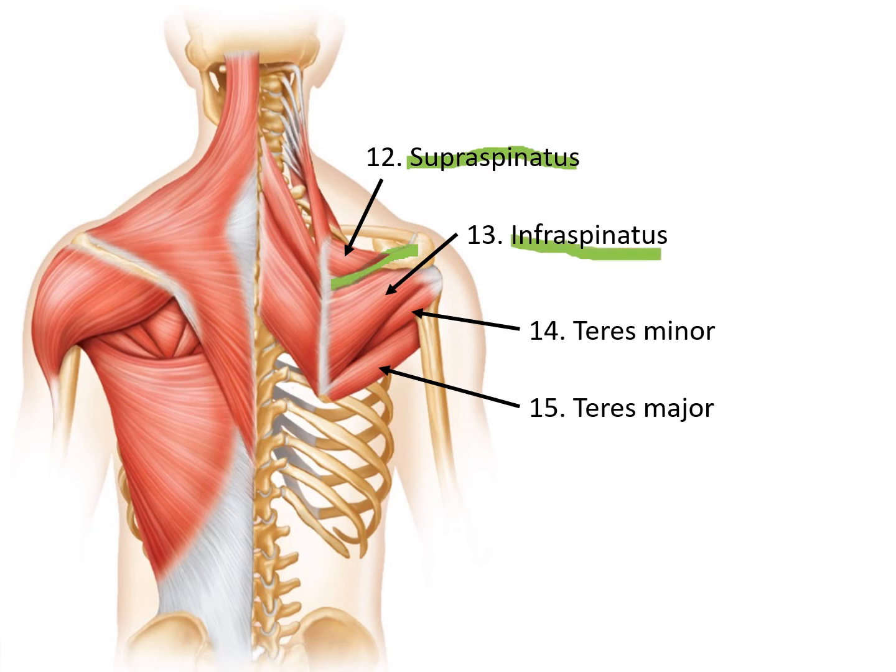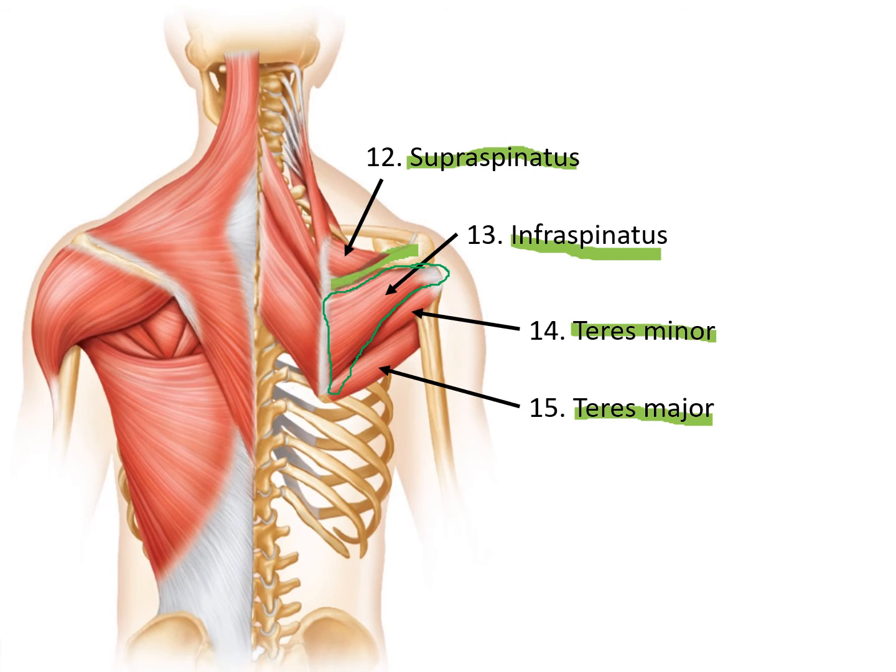Infraspinatus, below the spine. It is the widest one at the medial side, but it narrows out into just this small attachment. Teres minor and then teres major. Teres means round. They're round in cross-section. And minor is the smaller one, and again, just like zygomaticus and rhomboid, it is the superior of the two.